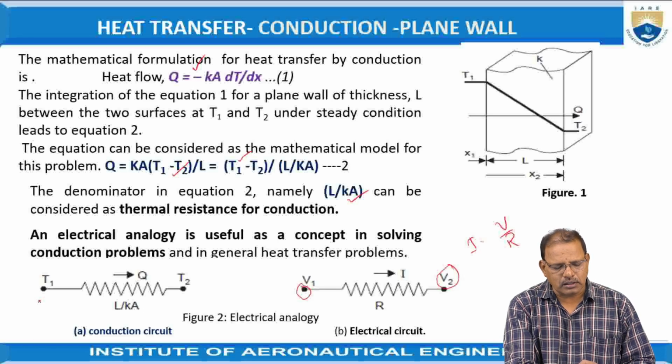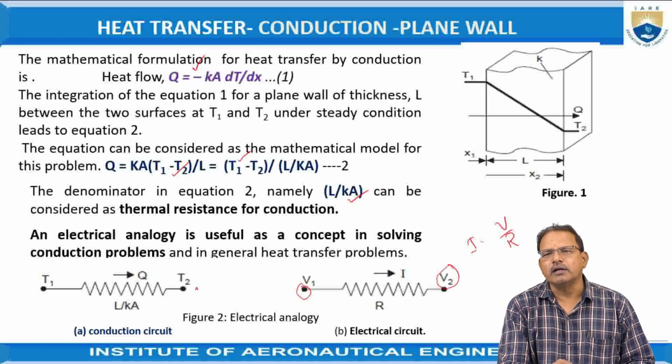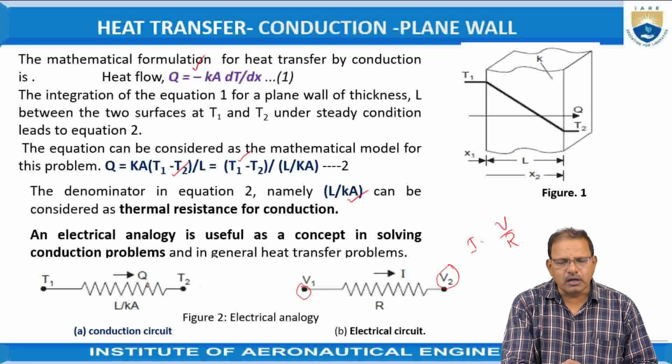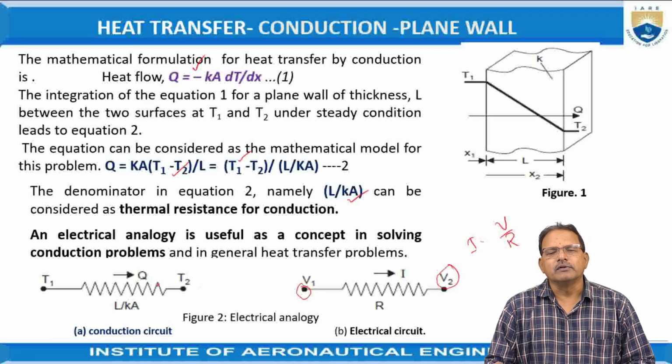When comparing this equation with the transfer of heat energy by conduction, T1 is the initial temperature and T2 is the final temperature. Here L by K A represents the thermal resistance for the conduction process, and Q is the heat energy flowing.